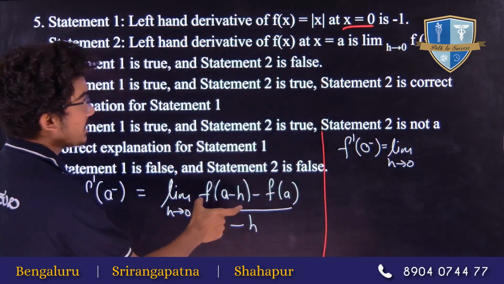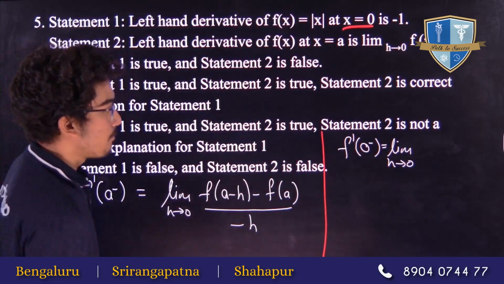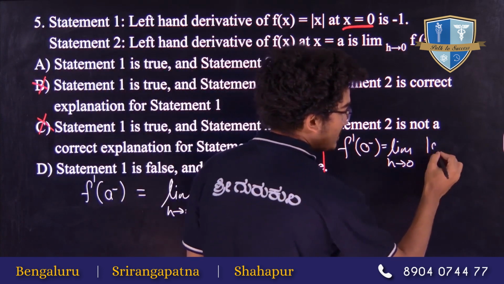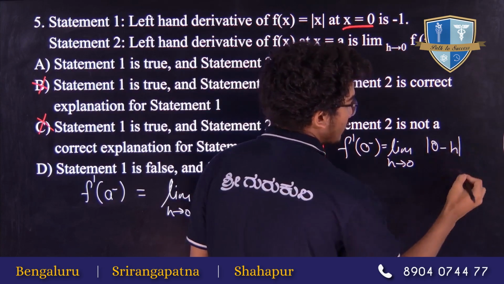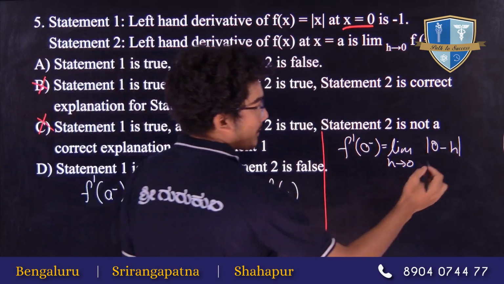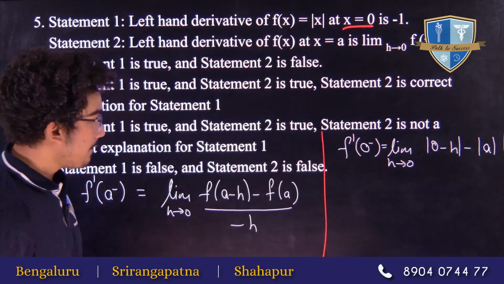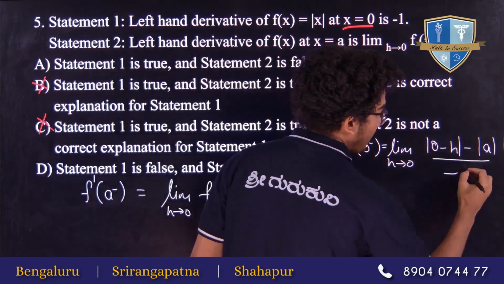Now, instead of the function, the function is mod x. So mod of (a - h), and a is 0, so it will be mod of (0 - h) minus mod of a, correct? And divided by -h.